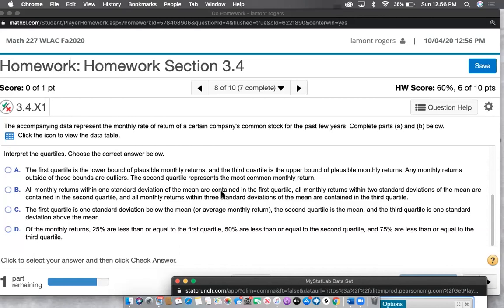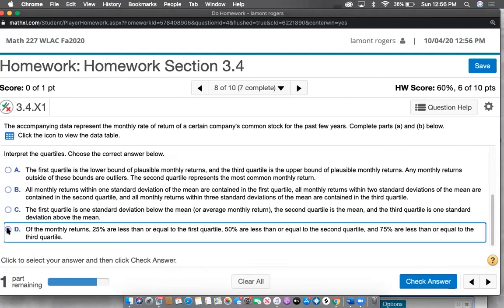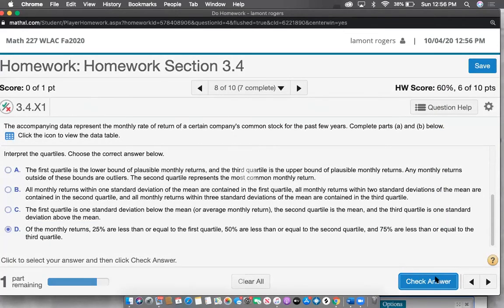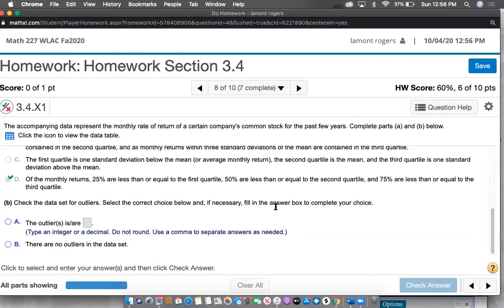It says the first quartile is the lower bound of plausible monthly returns, and that's wrong. What about B? All monthly returns within one standard deviation of the mean are contained in the first quartile. C, the first quartile is 1 standard deviation below the mean. D, of the monthly returns, 25% are less than or equal to. Right, there you go.